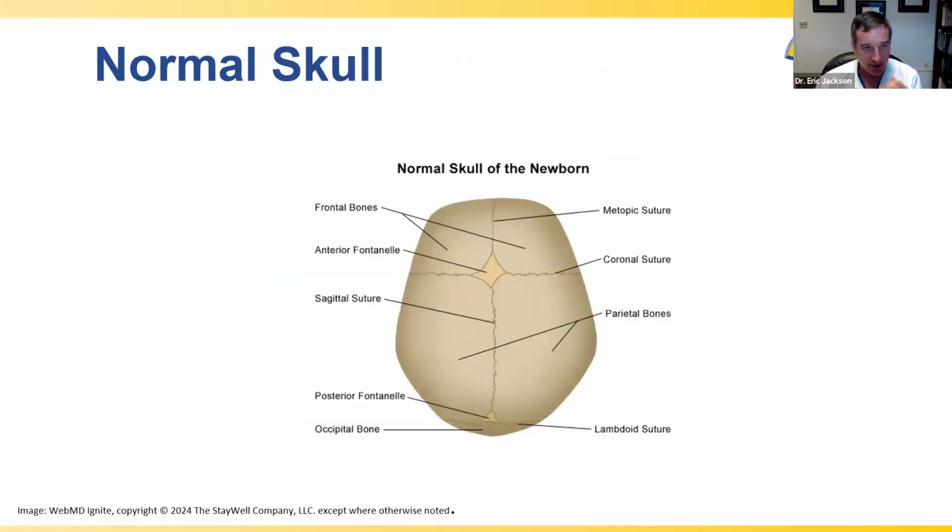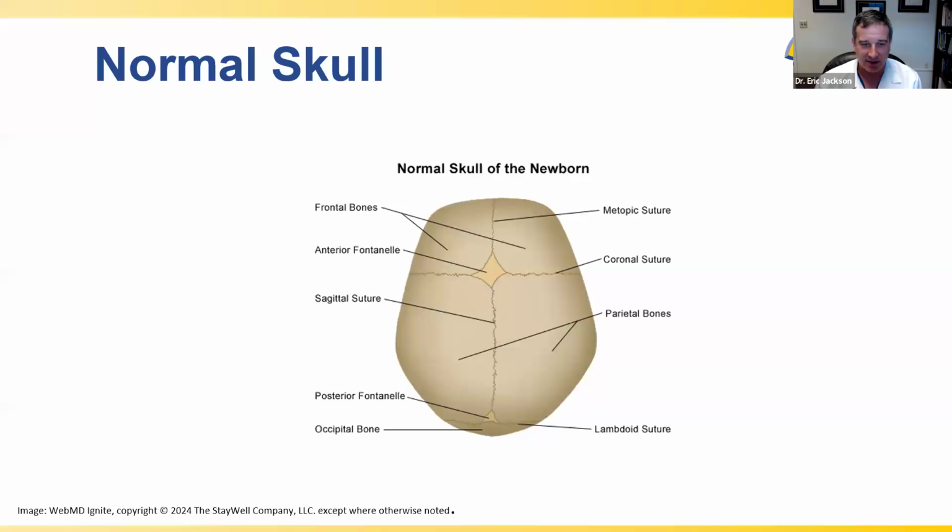Now going back to the normal skull, I think this is the best way for us to look and think about how synostosis develops. A couple of things to point out. We have the metopic suture in front, two coronal sutures, and then the sagittal suture, and those make out the anterior fontanelle.